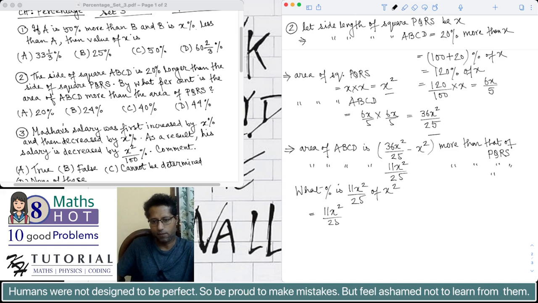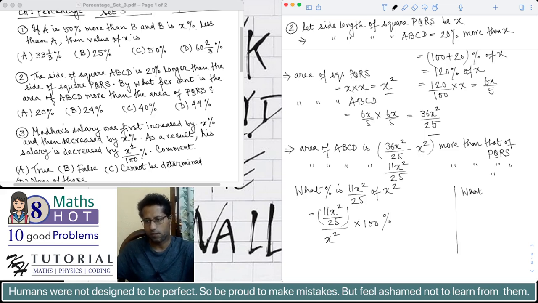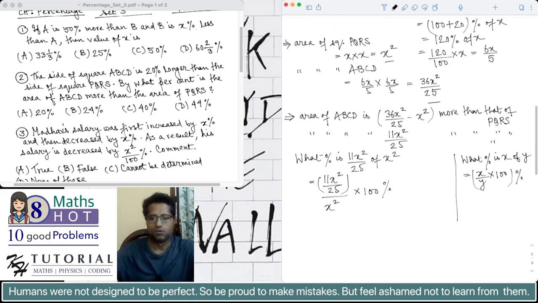by 25 whole divided by x square multiplied by 100, this much percentage, because we know that if we ask the question what percentage is x of y, this is very important to understand. This will be equal to x by y multiplied by 100, this much percentage. Okay, so we have this.